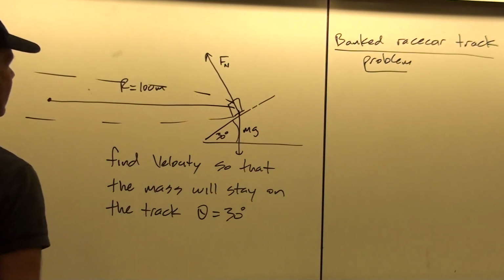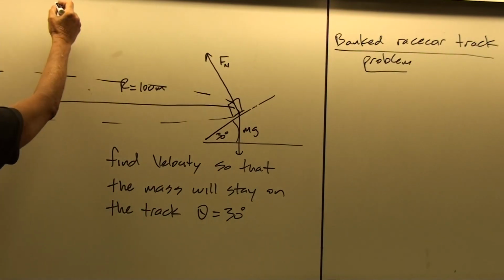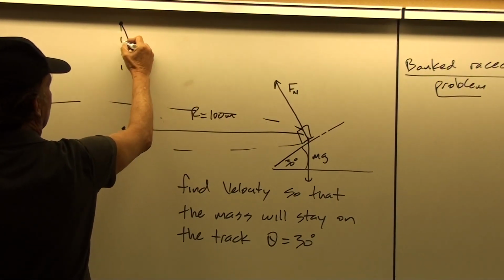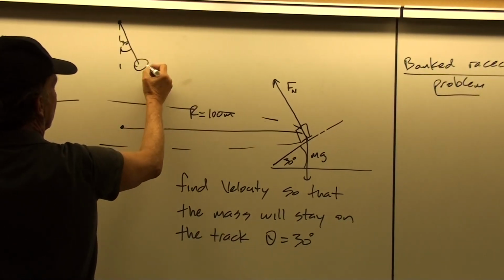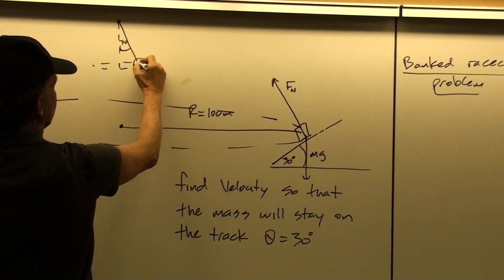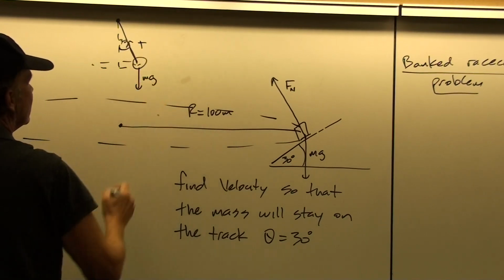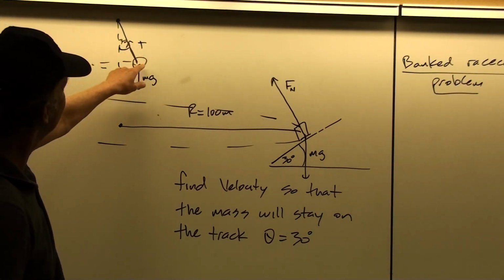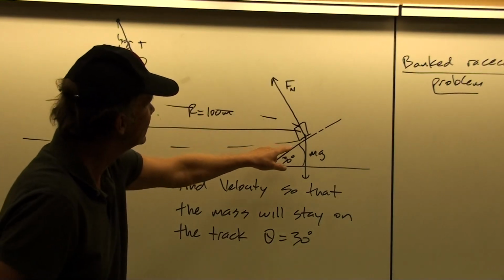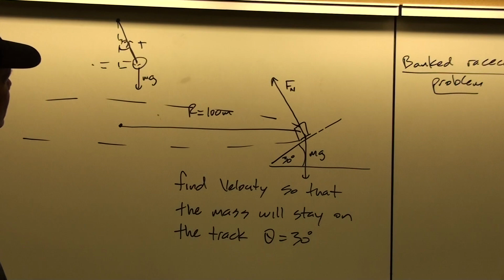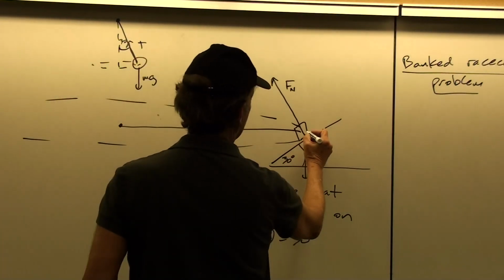Now, if you'll recall, in our last example, for the mass going around in a horizontal circle like this, we had a tension force and we had the weight force. So although it doesn't seem like this kind of a problem is similar to that one, we see that the force factors are pretty similar in the way that they behave mathematically.